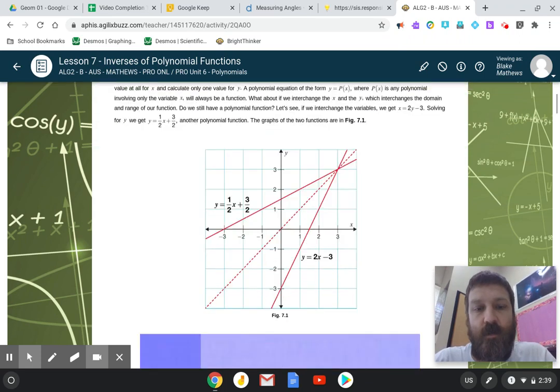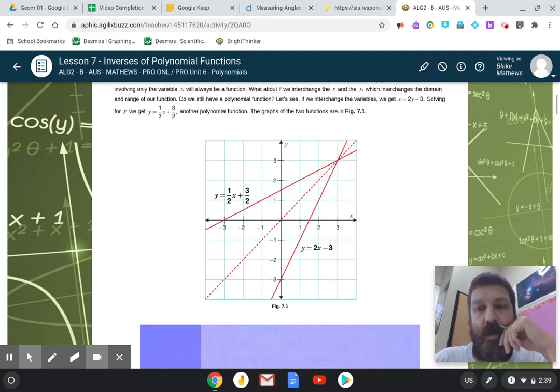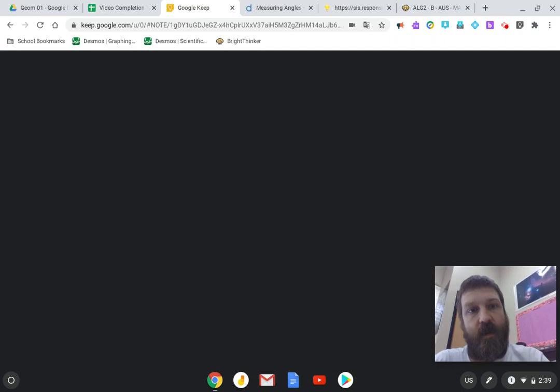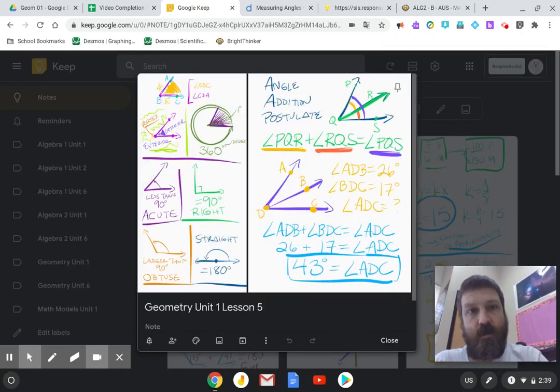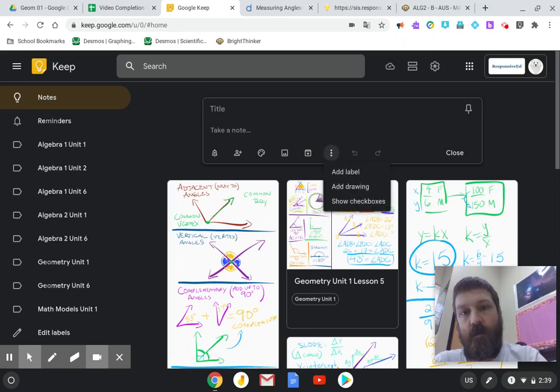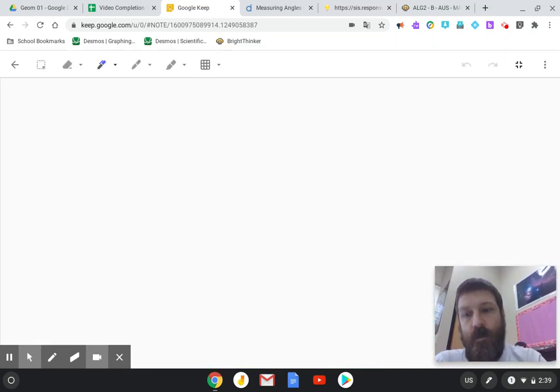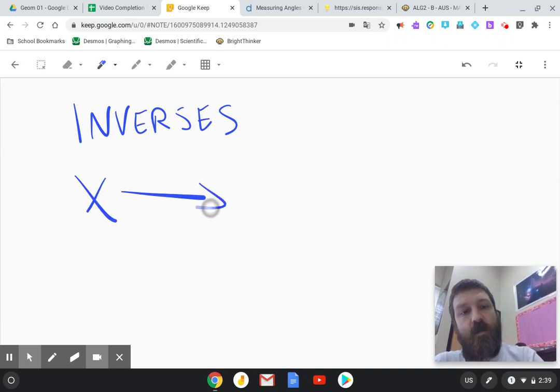But in general, the inverse of a function is when we take all of the x values and switch them with the y values. So basically, inverses are found by switching the x values and the y values of a function.